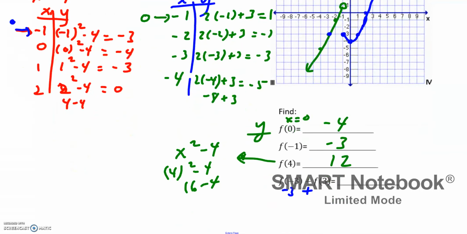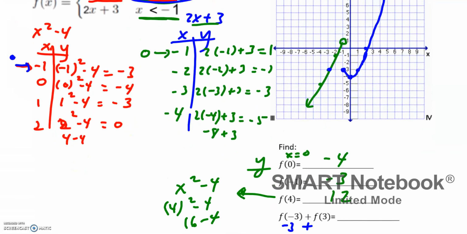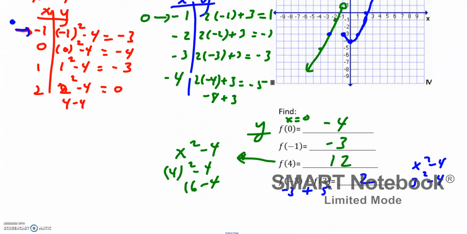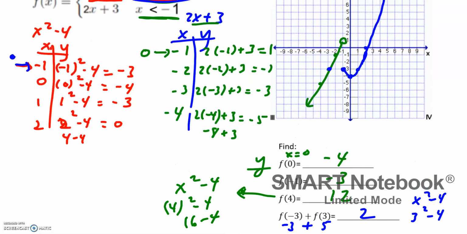So if I plug 3 into x squared minus 4, I would get 3 squared, or 9, minus 4, which is 5. So my answer is -3 plus 5, or +2. My final answers are -4, -3, 12, and +2.